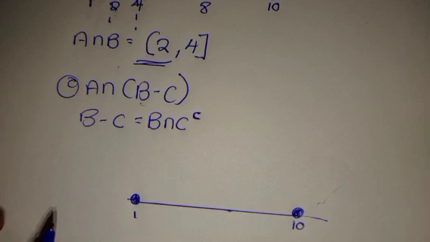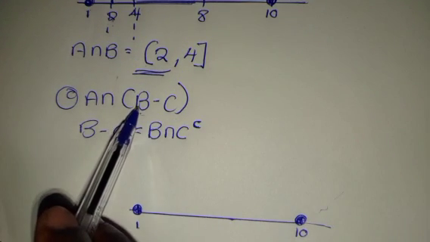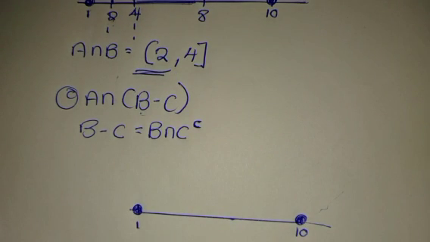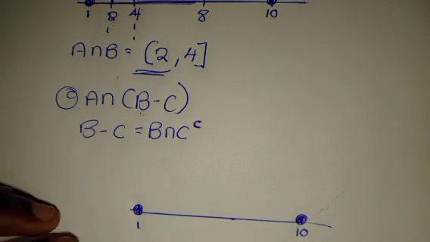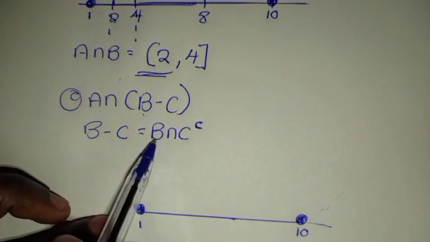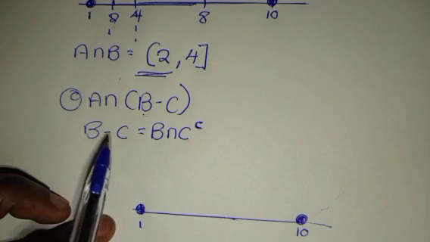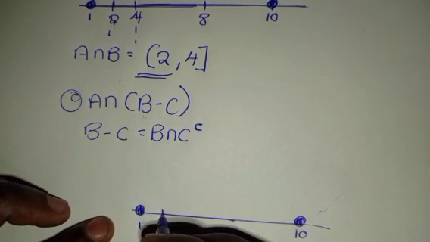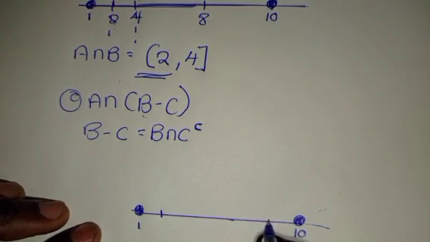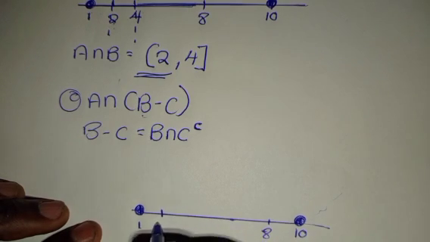Then immediately now you have this kind. You now need to solve what is in the brackets first. Remember, we are going to use BODMAS. The brackets are being dealt with first. So what is your B? Your B in this case was 2,8. So let us put our 8 here and our 2 there.